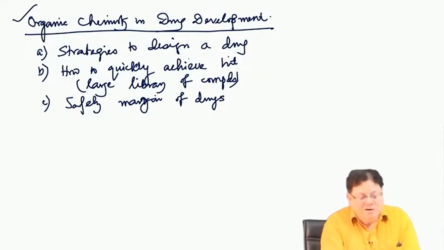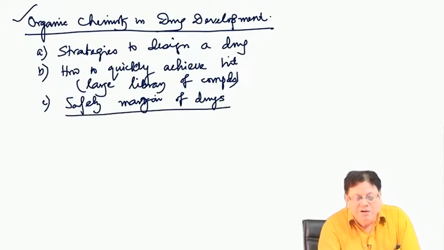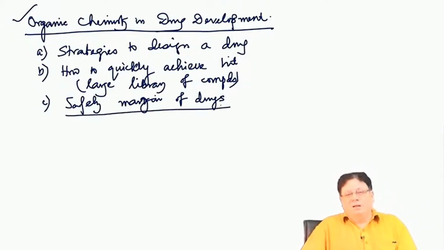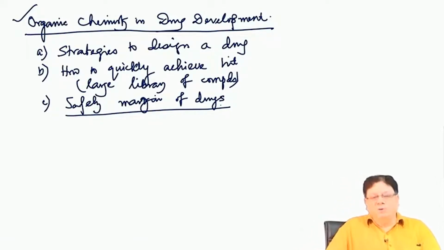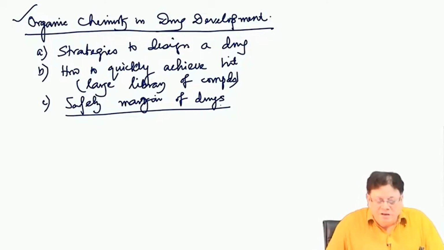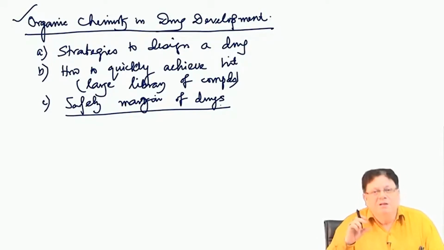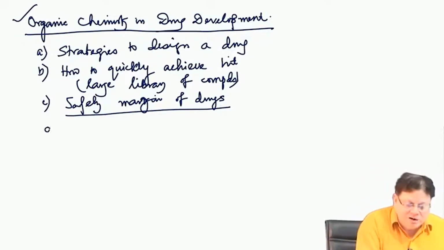We discussed the therapeutic index as a ratio, LD50 divided by ED50, that means the lethal dose for 50% of the population over the effective dose for 50% of the population, or it could be TD50 by ED50. That is the therapeutic index. The higher the therapeutic index, the safer the drug.